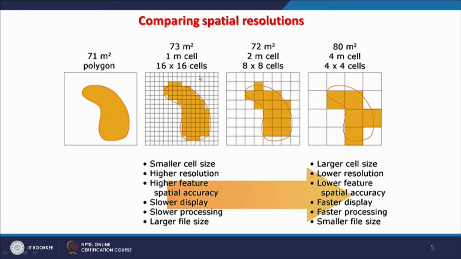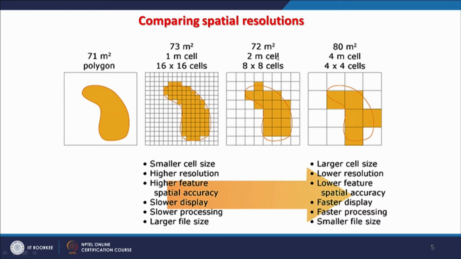So at this resolution we are getting a higher area for the same polygon. When we go to a coarser resolution, it may reduce. In this particular case, it has reduced to 72 square meter.